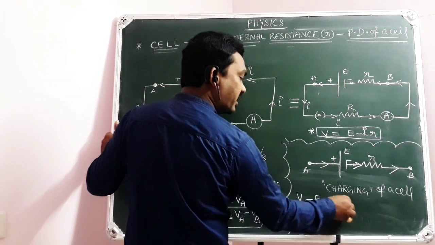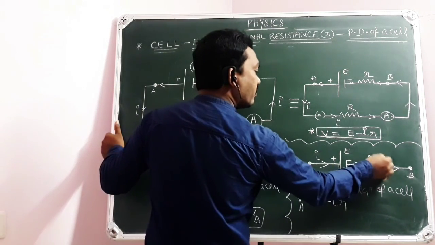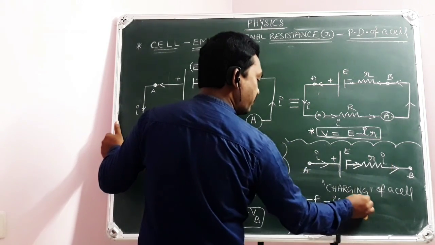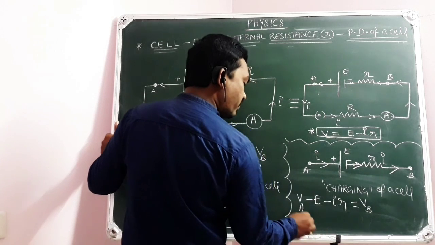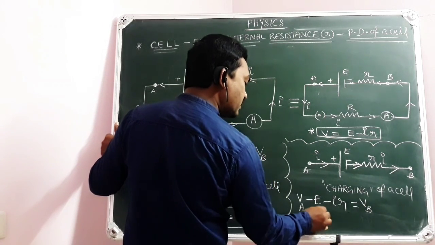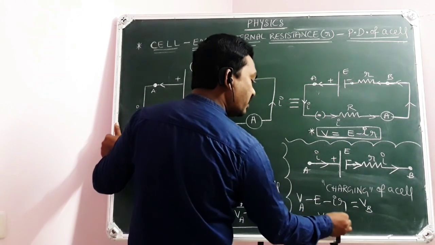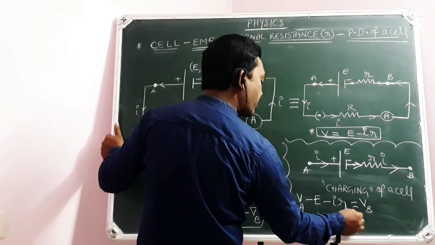How much potential drop? IR, because I is the current. Then finally what is left is VB. Then VA minus VB is equal to E plus IR.